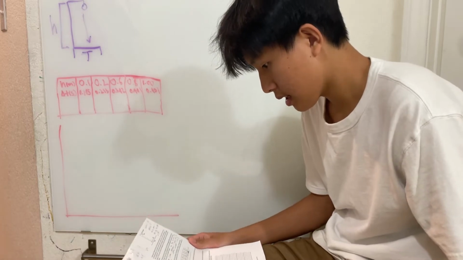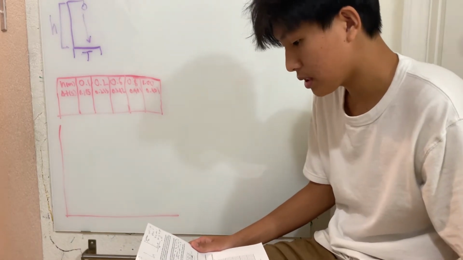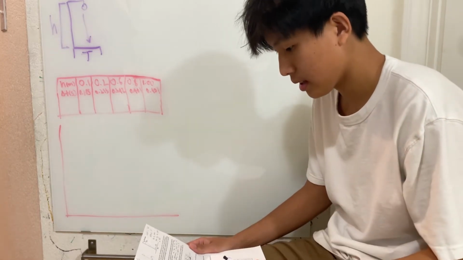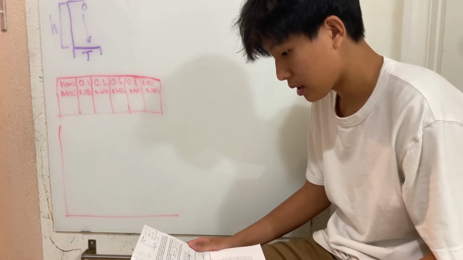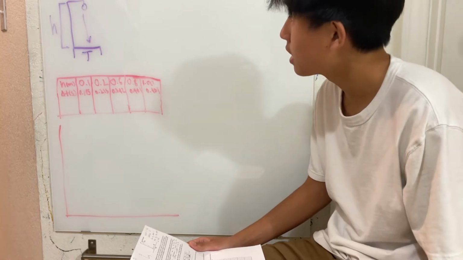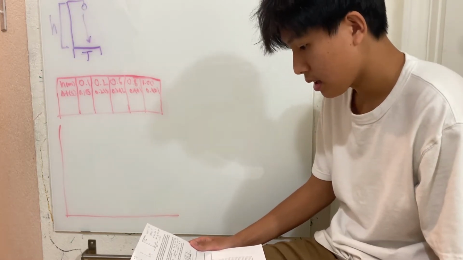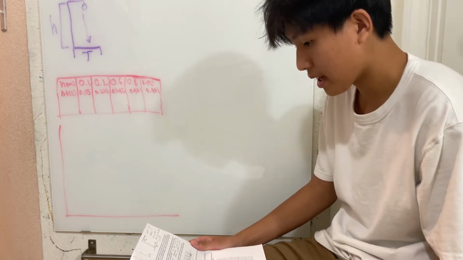The sphere is released when an electromagnet holding it up is turned off, and when the electromagnet is turned off, a timer is also turned on, and the timer stops when the sphere lands on the pad.